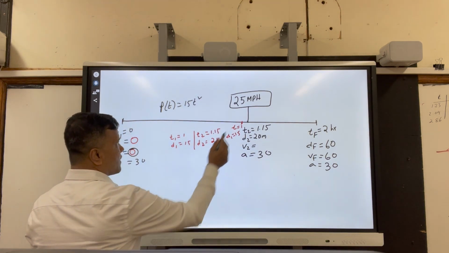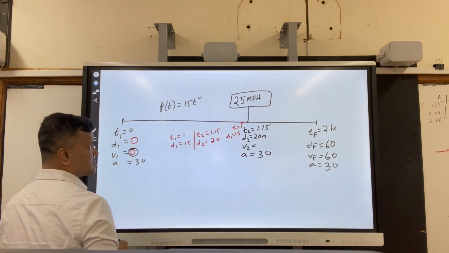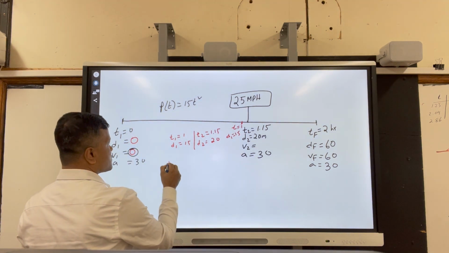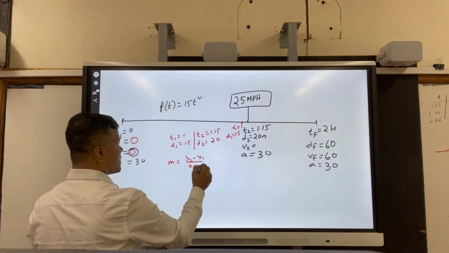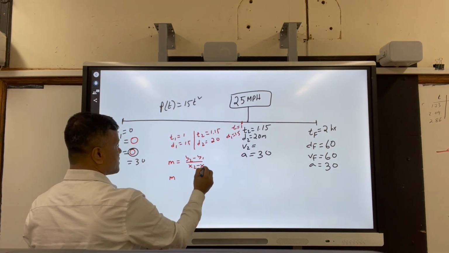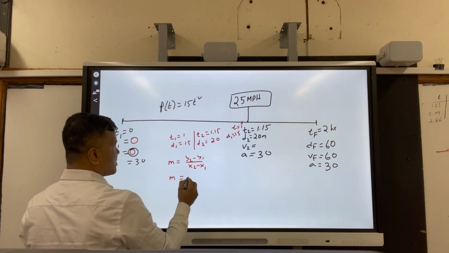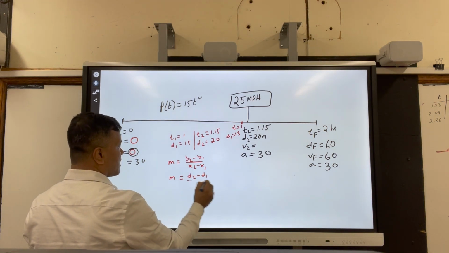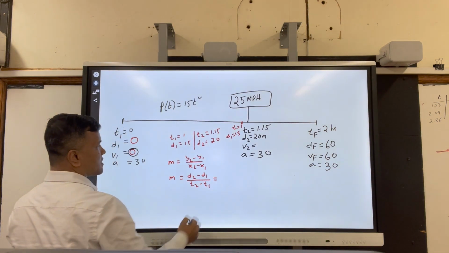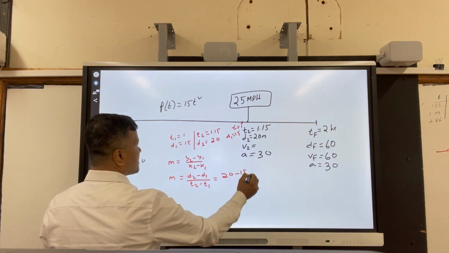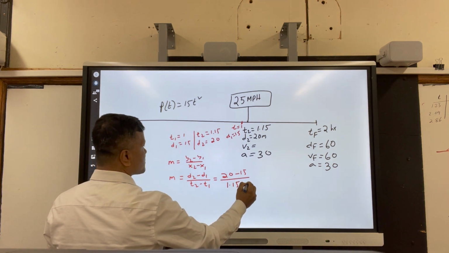Then you can find the slope. The slope would be the velocity, right? So m is y2 minus y1 over x2 minus x1, so m is d2 minus d1 over t2 minus t1. So d2 is 20 minus 15, over 1.15 minus 1.